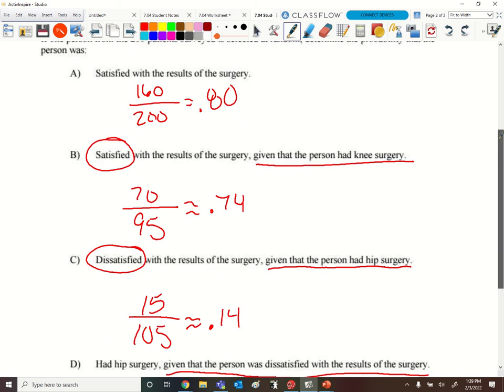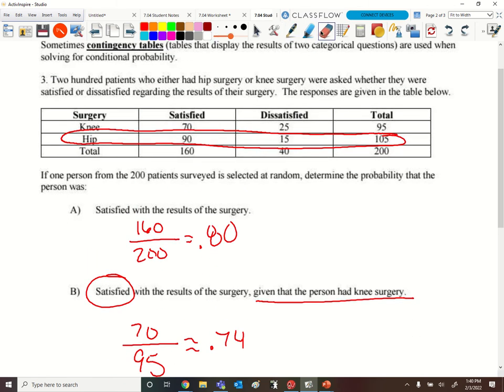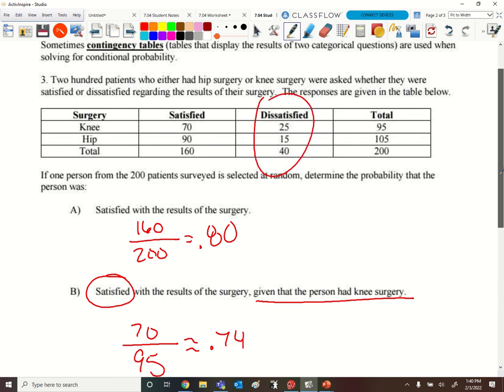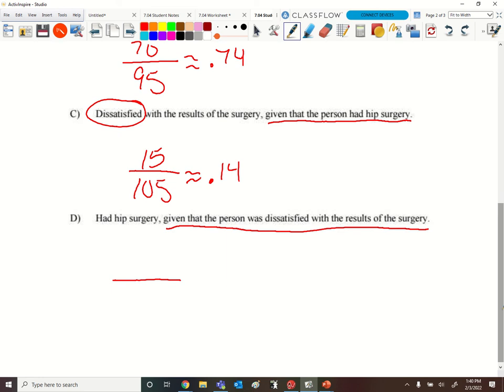Because that's the total amount of people that were dissatisfied. I'm going with totals first. So right here, the total dissatisfied. I didn't read that right. That's why I'm here teaching this. So total dissatisfied, we said 40.